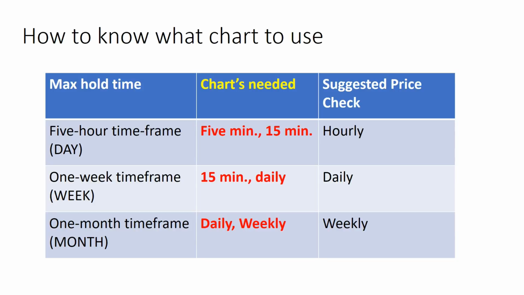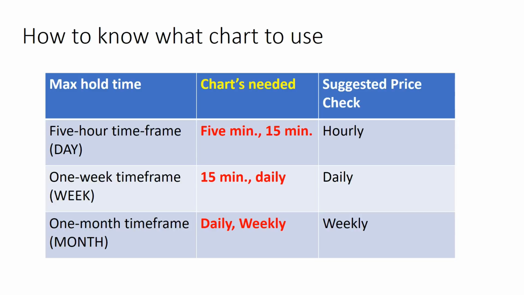So how do you know what chart to use? So most day traders, their whole time is like 5 or 6 hours if they're buying right in the morning and selling at the end of the day. In which case, I would say that you need to be looking at the 5-minute chart and the 15-minute chart.